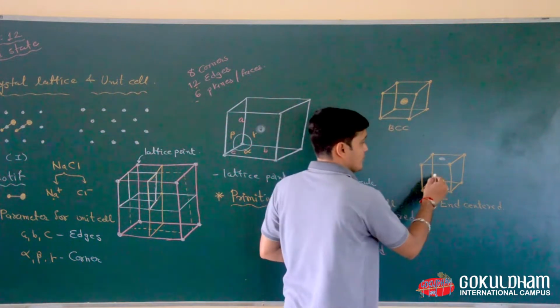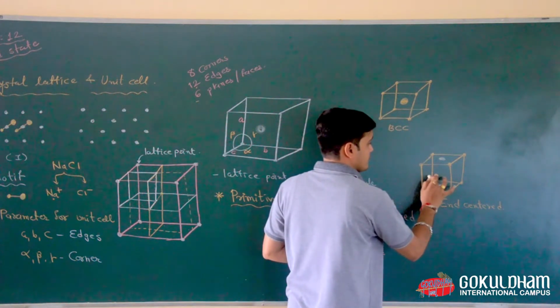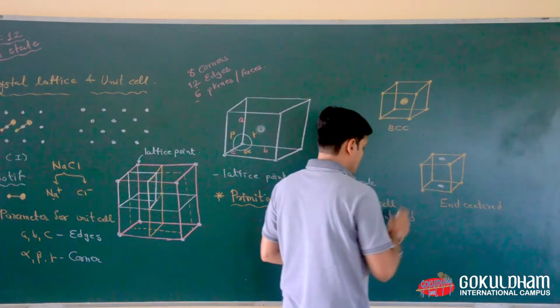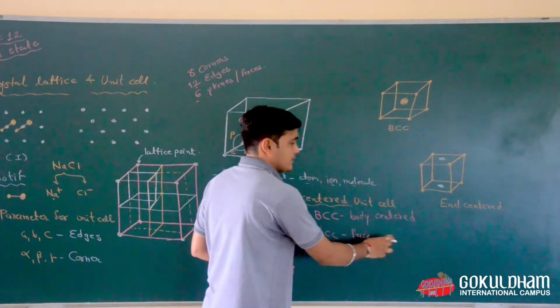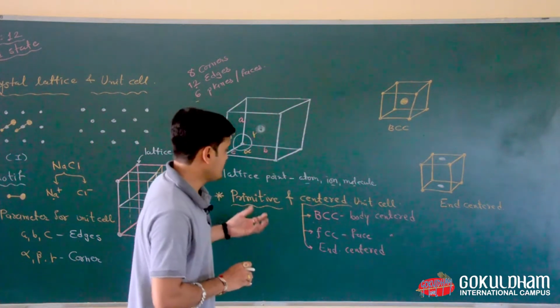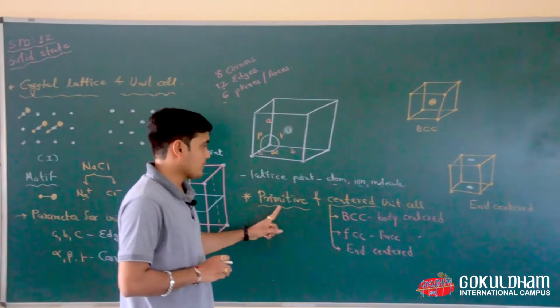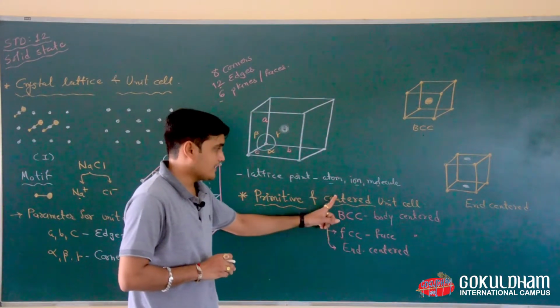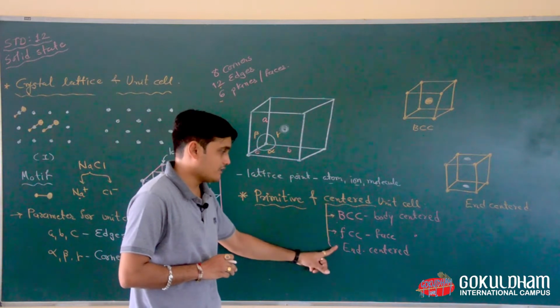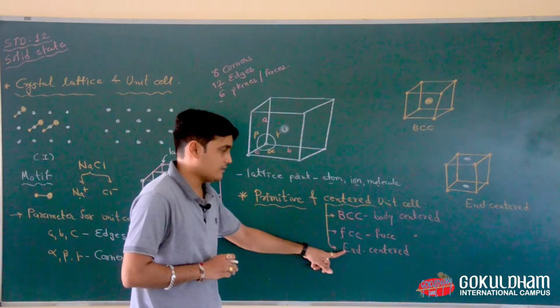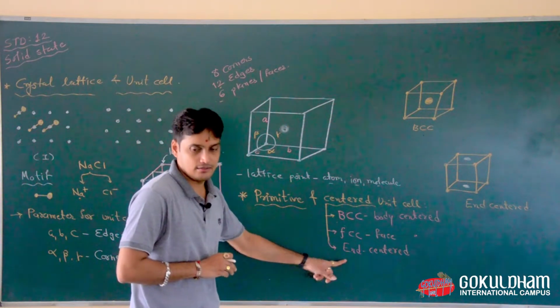And when all these molecules are present, 1, 2, 3 and 4 on the sides, that becomes a face-centered unit cell. So these are the main types of primitive and centered unit cells. Centered unit cells are further divided into three major parts: body-centered, face-centered and end-centered.